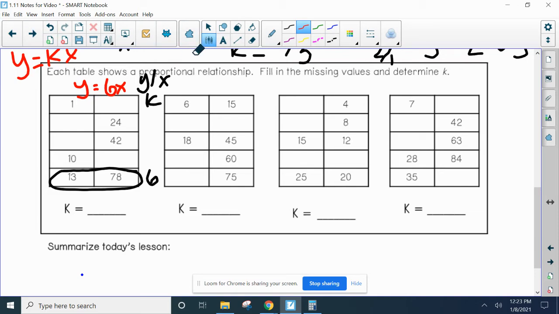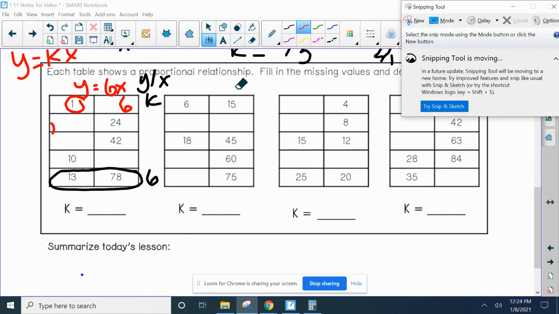So for this one, for 1, we know y is equal to 6 times 1. So this is 6.